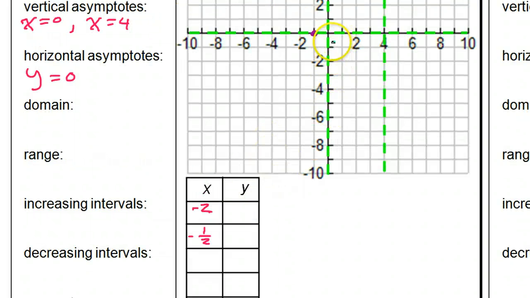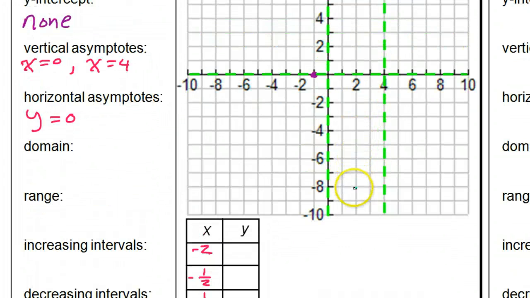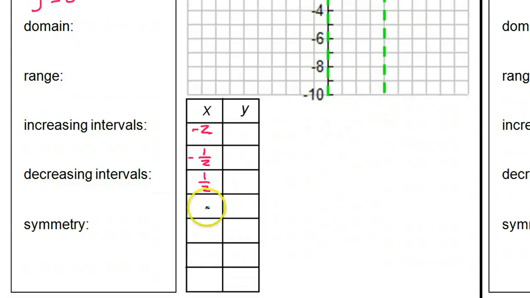Just to the right would be +1/2. So let's do that. Okay, 2 is right in the middle, so let's definitely use that. As a matter of fact, you know what, let's do all of these. Let's do 1 and 2 and 3. Let's do all of those.